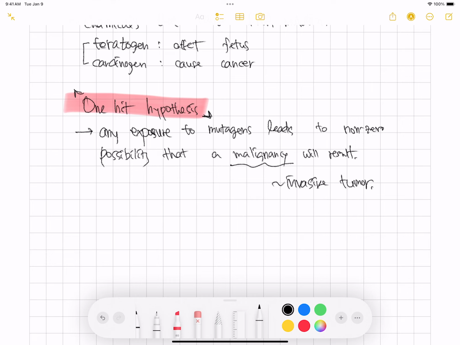So any DNA modification has a non-zero possibility of becoming cancer, an invasive tumor. So there's no threshold for mutagens.